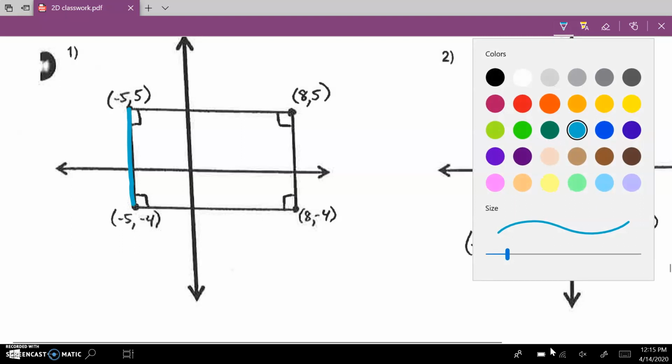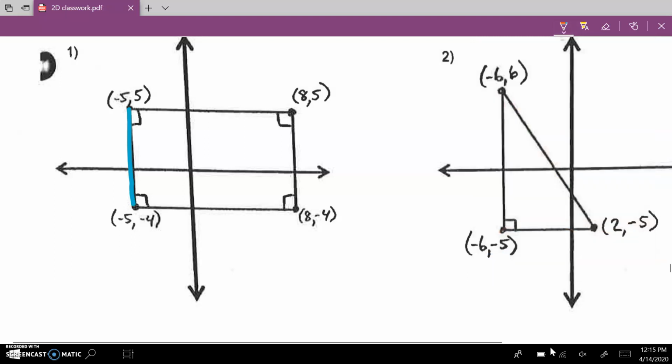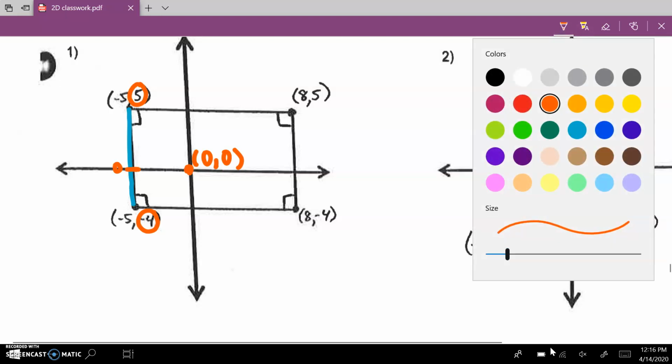Remember, we're talking about the y's, which are how tall things are, so up and down. So we're looking at these numbers. I've got a 5 and I've got this -4. Remember here in the middle, this is 0, 0. So if we are starting here, this is technically 0.